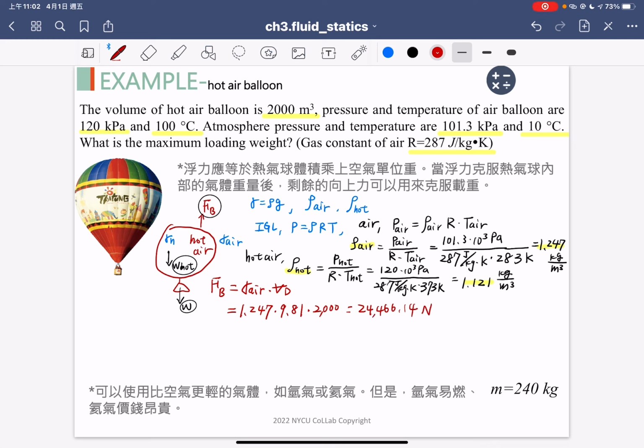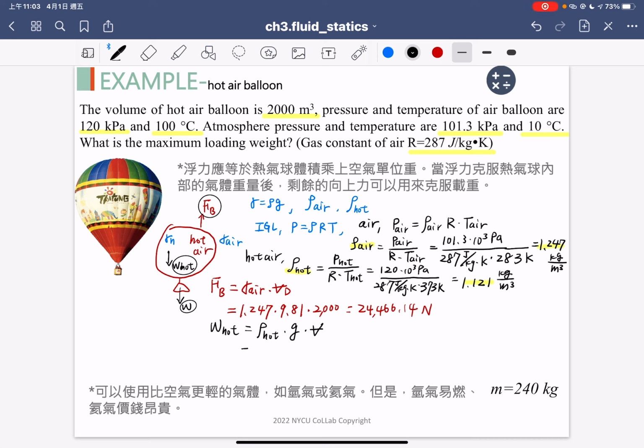Okay, and how about the weight of the hot air? The weight of the hot air equals the hot air density rho hot multiplied by g, which is gamma hot air, and the total volume is the same as the displaced volume, the total volume of the ball.